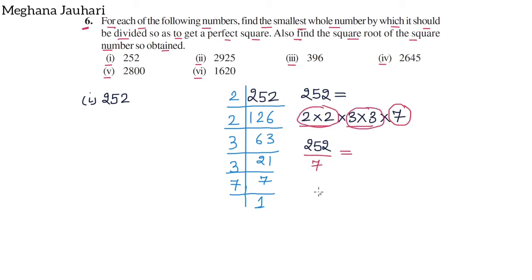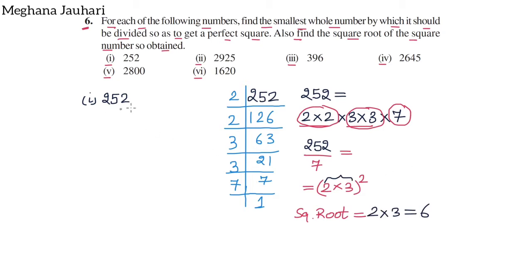So we are left with two pairs, right? So we can write, (2 times 3) whole square is equal to 252 divided by 7, which is equal to 36. So the square root of this particular number is 2 times 3, that is 6, right?